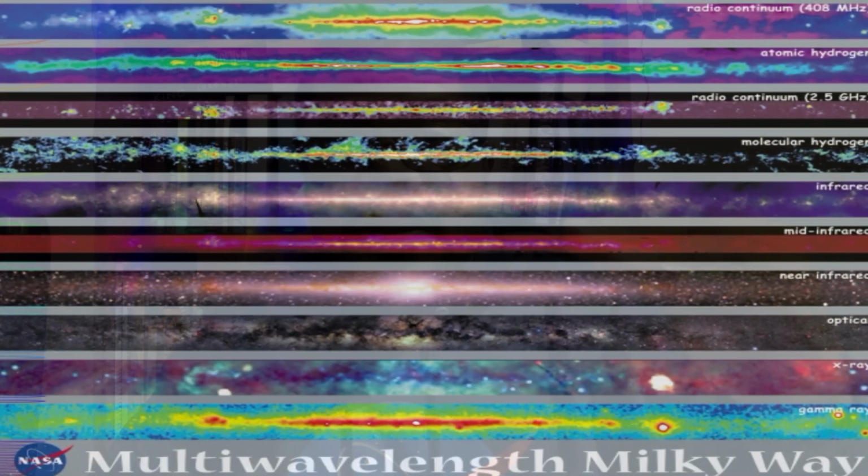And not just for creating these beautiful pictures and making people aware of space and the science that is done, but also because it allows you to study these objects and look behind. For example, if you're studying galaxies, it allows you to look behind all of the interstellar dust.